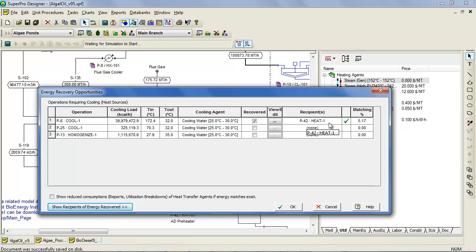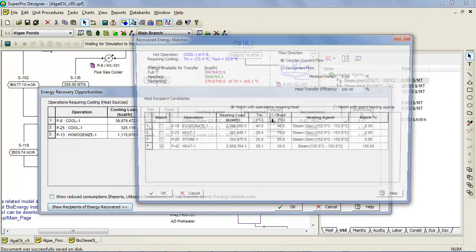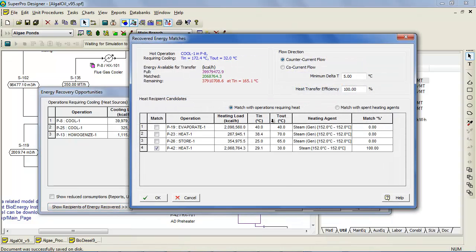The choice of P42 Heat 1 as the recipient for this excess heat was made by clicking on the View Edit button for that operation. Notice that the P42 Heat 1 operation has been selected here as the match for the Cool 1 operation in P8. Also notice that 100% of the heat required by P42 Heat 1 can be supplied by P8 Cool 1.